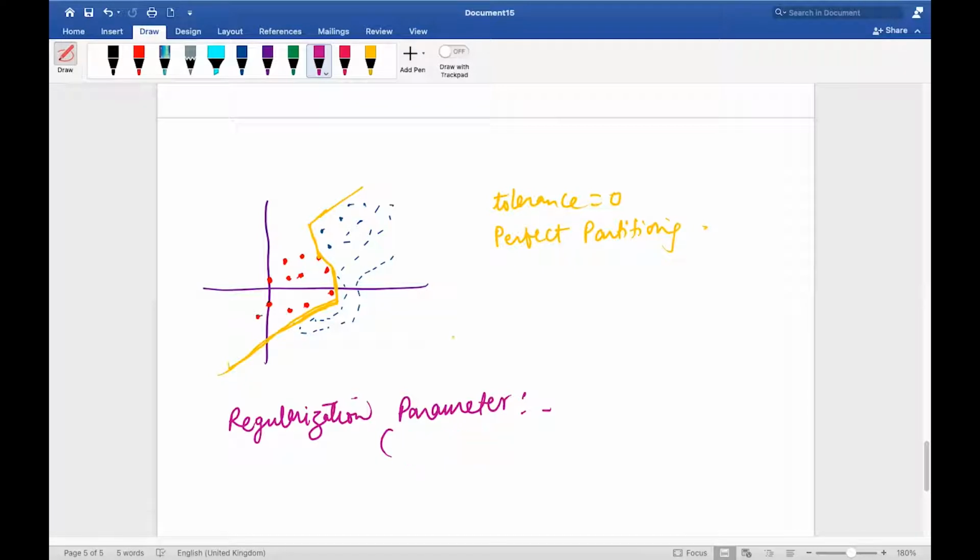Currently we are only talking about the regularization parameter, and gamma is a different thing. We denote this by C. We are going to see what the others are. You can think of it as a hyperparameter, right? Think of it as a hyperparameter. Now you understand.